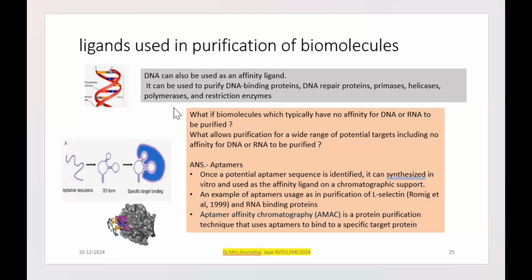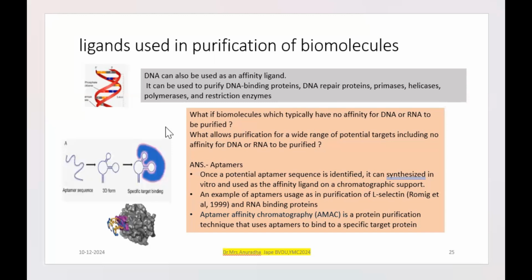They are nothing but the single stranded sequence that we are going to use. Now, a potential aptamer sequence is to be identified, right? It can be synthesized in vitro, that is in the laboratory in test tube. By artificial synthesis also you can synthesize it, and then it is used to pair with your support matrix. That is, you are going to add it as ligand to the support matrix, right?